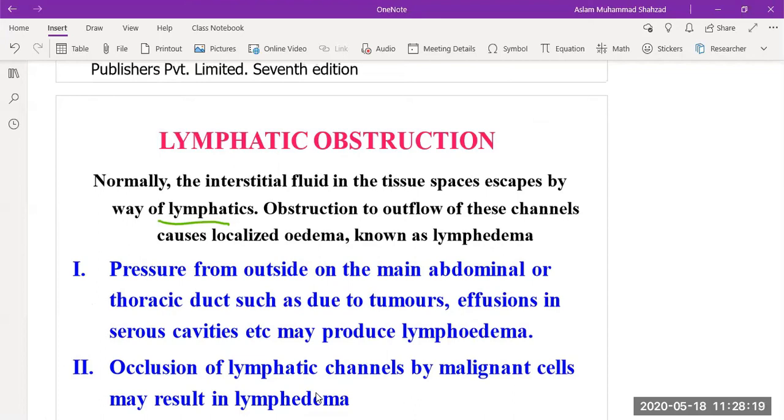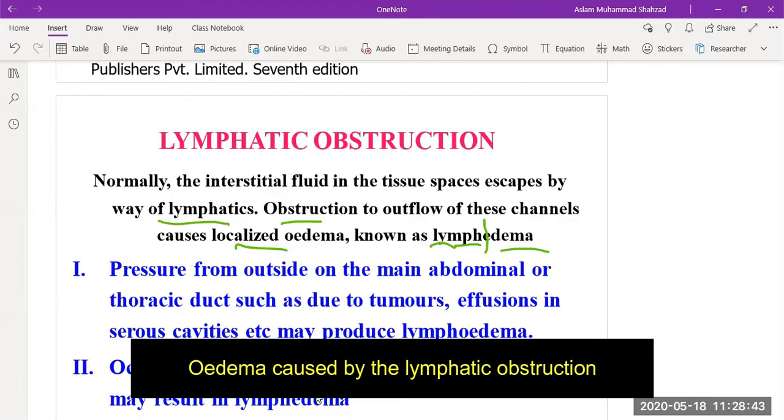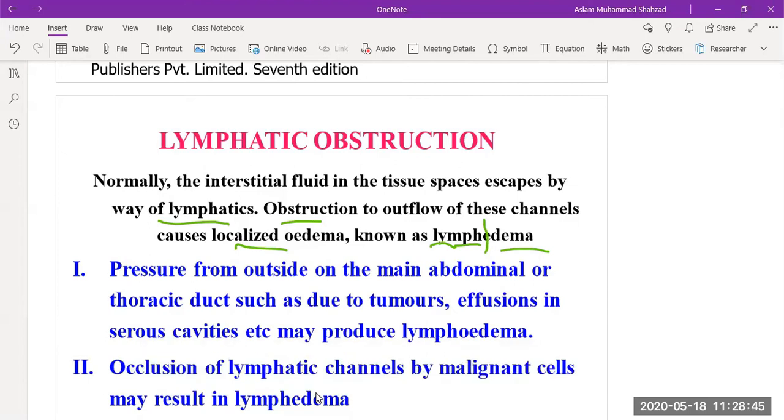But sometimes the obstruction of the lymphatic system causes blockage and results in localized edema, which is known as lymphedema. If we break this word down, lymph and edema, the name gives you the complete answer: edema caused by lymphatic obstruction.